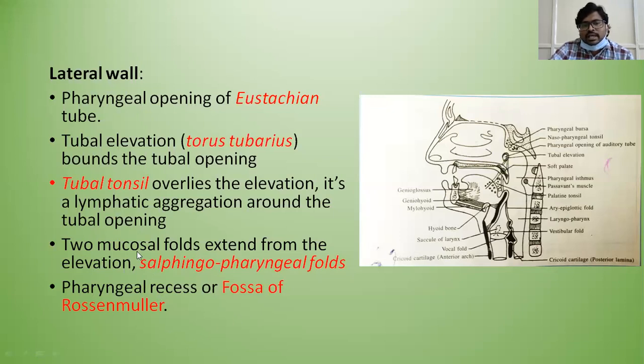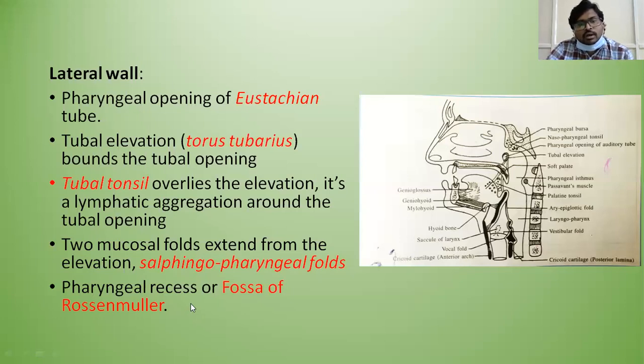Whenever you see the prefix salpingo, anywhere in the human body, it means tubular. Here the tube is the auditory tube or eustachian tube.